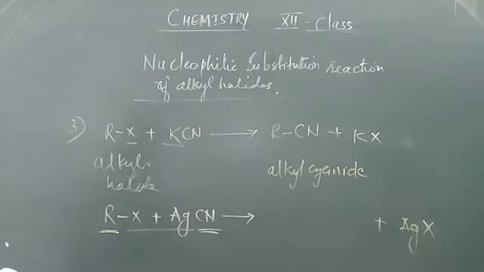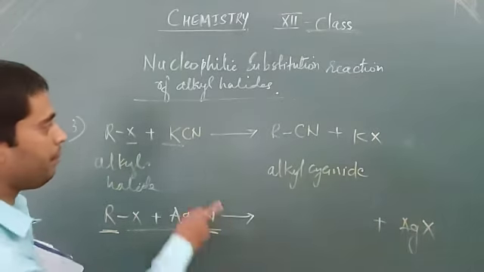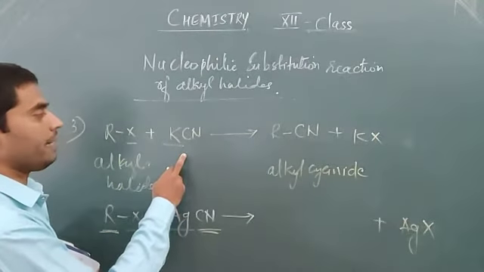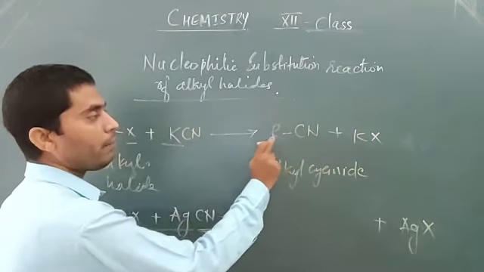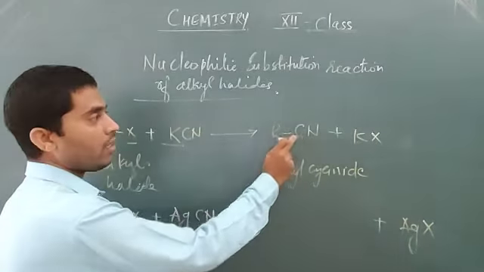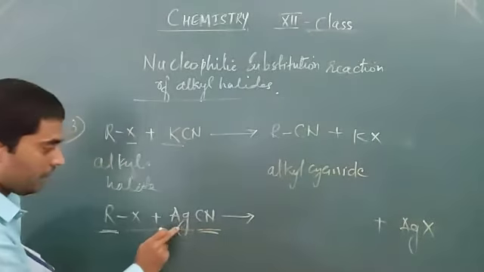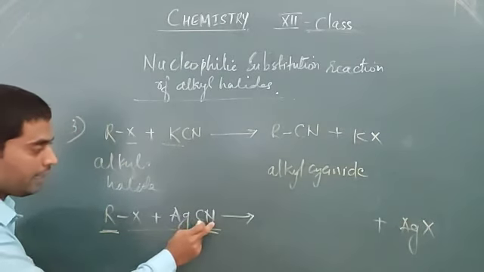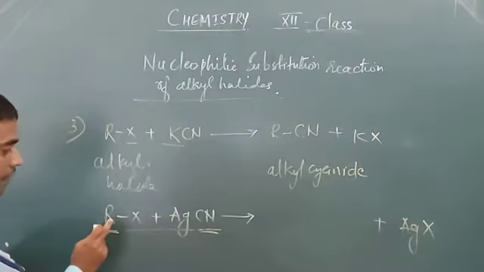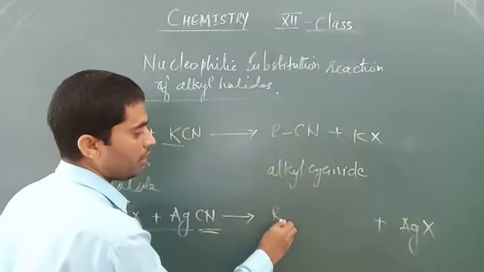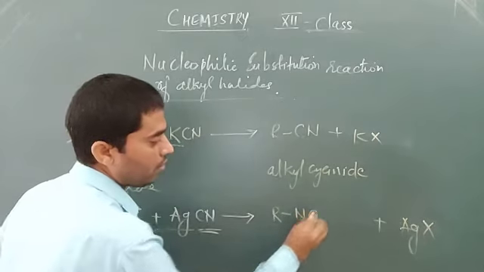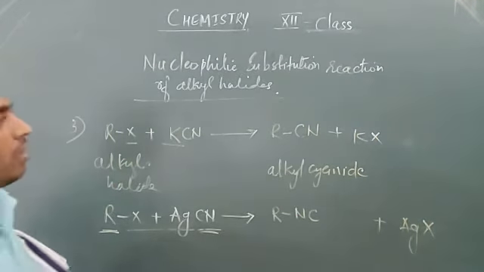R and CN negative combine together, but in the previous reaction we have seen that this R is connected to CN negative ion by carbon, but in this case CN negative will combine to R with nitrogen, RNC.